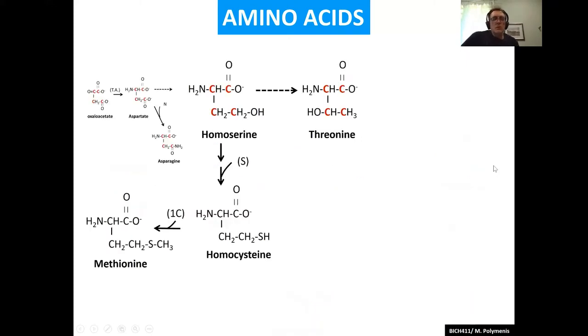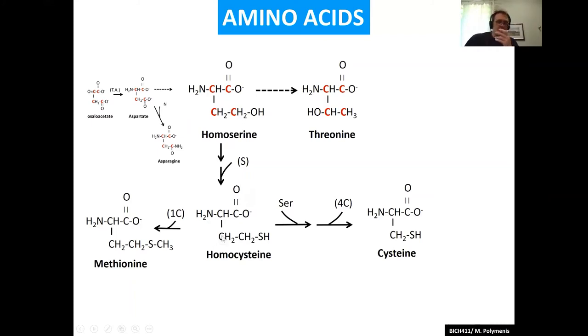How do we go from homoserine, let's say, to threonine, or homoserine to homocysteine and methionine? Once you get to homocysteine, this is again an amino acid that is not found in proteins, but it's extremely important in metabolism. It's a natural amino acid. It's extremely important because it gives rise both to methionine and cysteine.